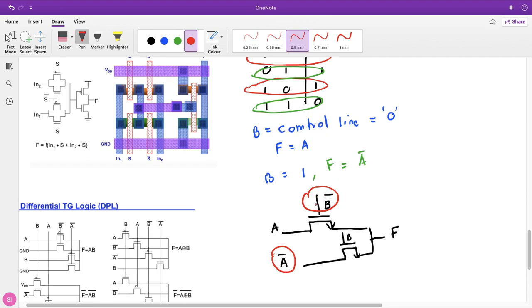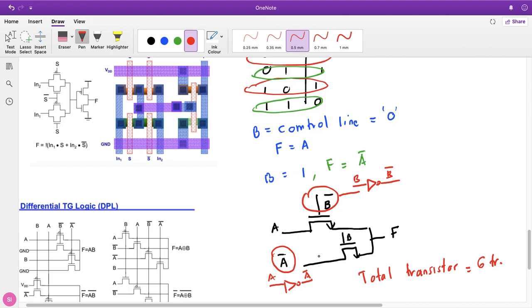So overall, this B bar is implemented by using an inverter for B bar, and an inverter for A bar. So in overall, the total number of transistors is calculated as 6 transistors.